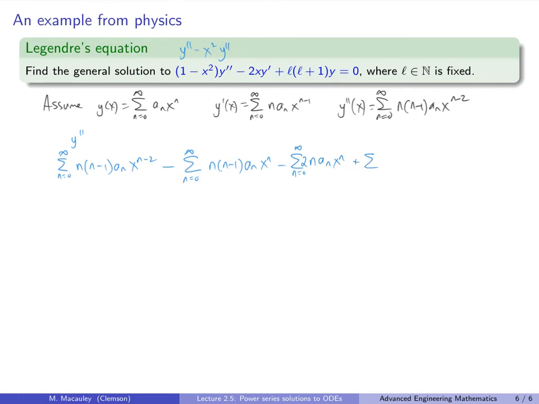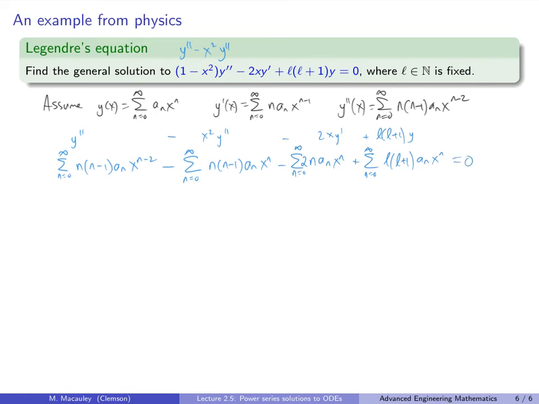So this is minus x squared y double prime, this is minus 2xy prime, and this is plus l times l plus 1 times y. So this is the sum from n equals 0 to infinity of l times l plus 1 times a_n x to the n, equals 0.